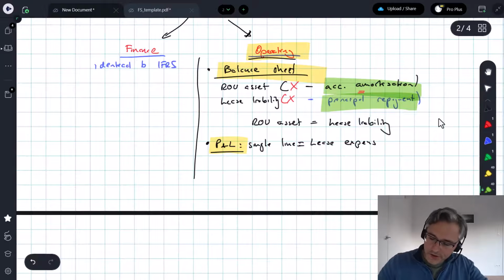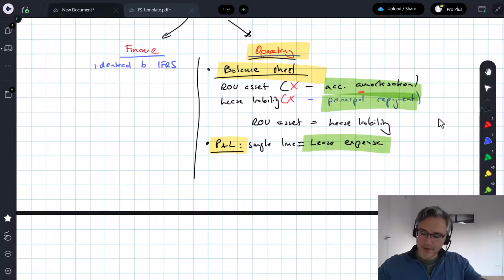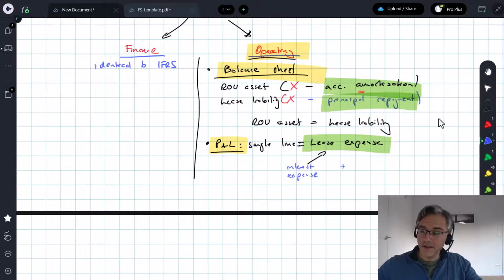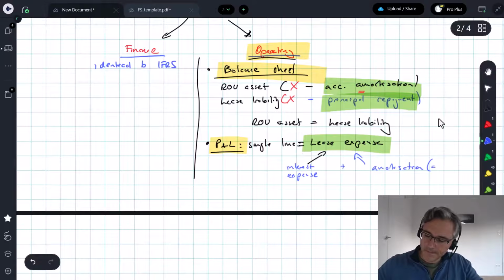And into it, you take both the interest expense and the ROU asset amortization, which also equals the principal repayment component.